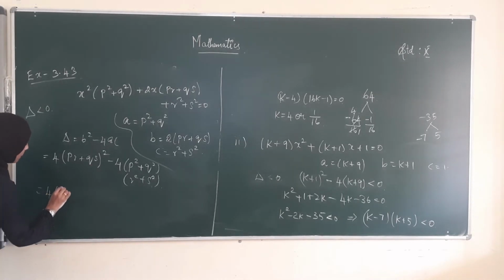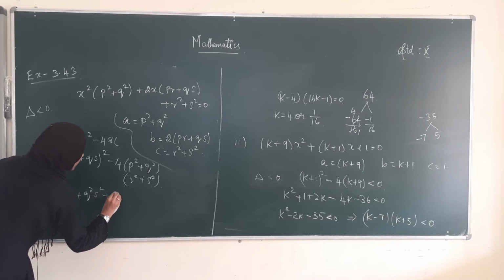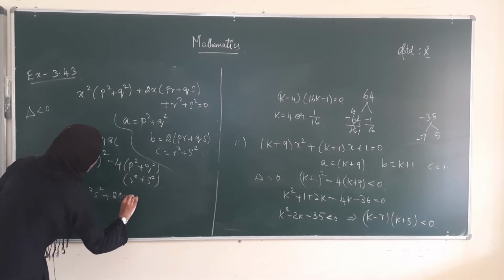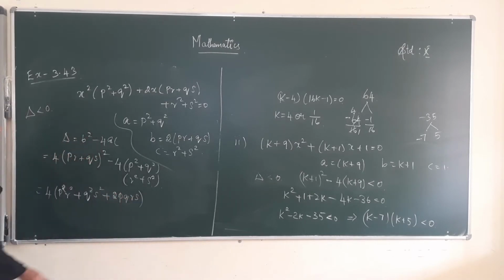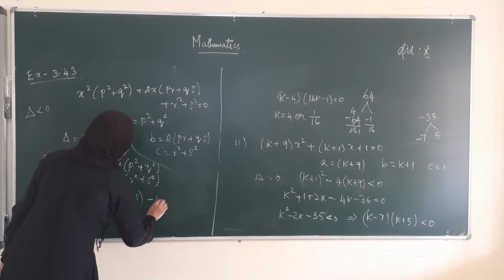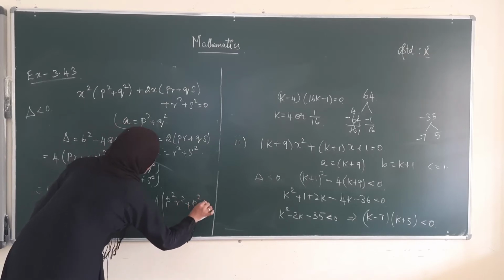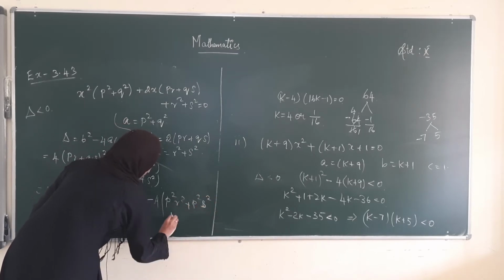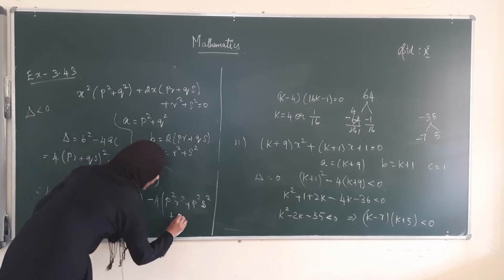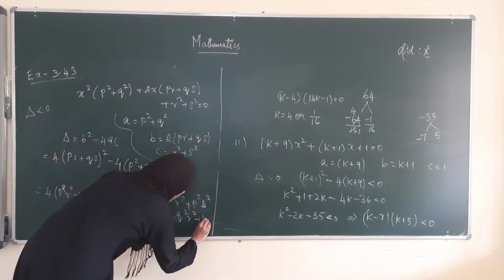So 4 into P square R square plus Q square S square plus 2 into PQRS, minus, okay, multiply this both, 4 into P squared R squared plus P squared S squared plus Q squared R squared plus Q squared into S squared.